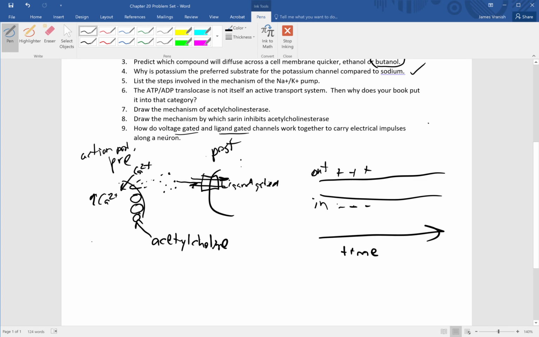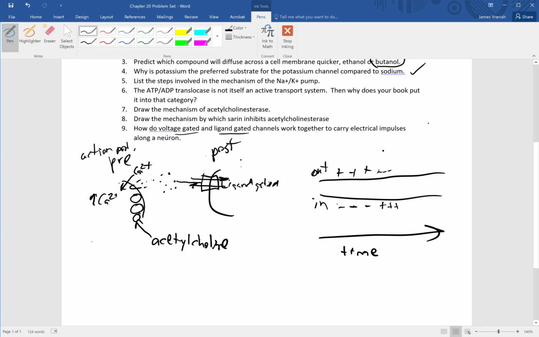Initially, we have a positive charge outside and a negatively charged membrane inside. As soon as those ligand-gated channels open, this starts to flip. We end up with more of a positive charge inside, not a true positive charge necessarily, and more of a negative charge outside.